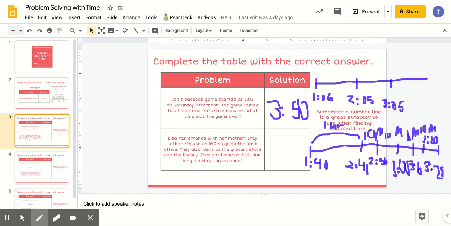And then you have that last from 3:20 to 3:25 is 5 minutes. So now you have a total of 1 hour, and you have 10, 20, 30, 40, and then 40 and 5. So that would be 40 plus 5 is 45. So they were running errands for 1 hour and 45 minutes.